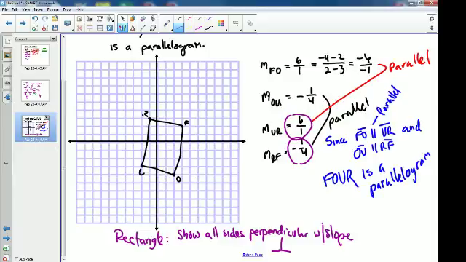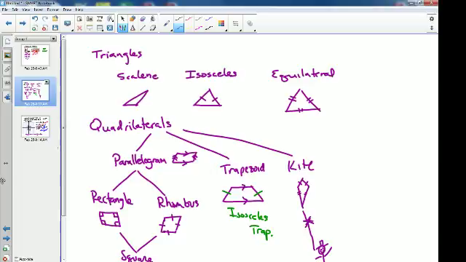So if I'm able to just find two of the lines that are perpendicular to each other and they're two of the lines that have the same distance, is that all I need, or do I have to go with everything? For a rectangle, you just need to find the side.